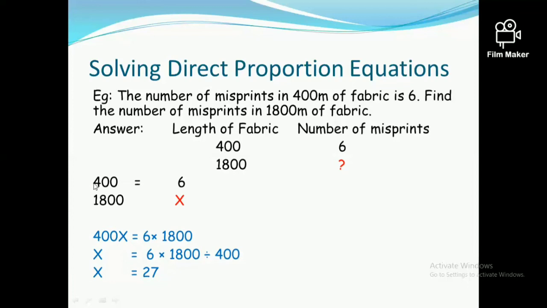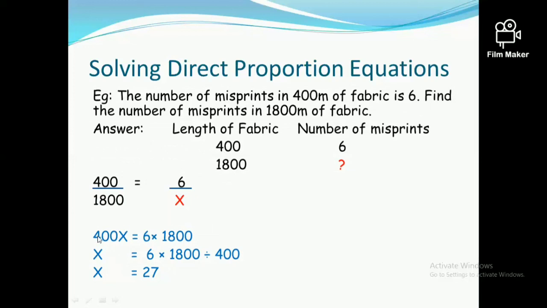Then write 400 equals 6, underneath write 1800 and x. Then you can put a fraction, then the cross multiplication. The simple idea: x into 400, 400x on this side. Then 1800 into 6, 6 into 1800 on the other side of the equal mark.